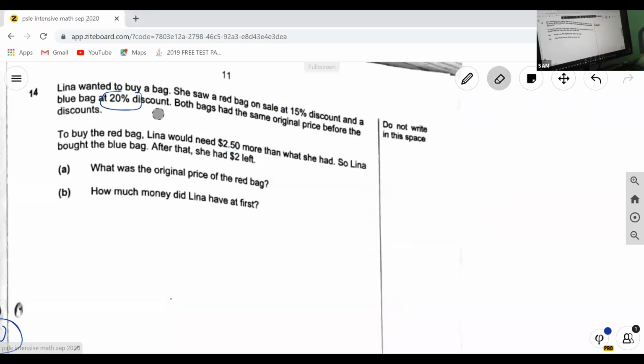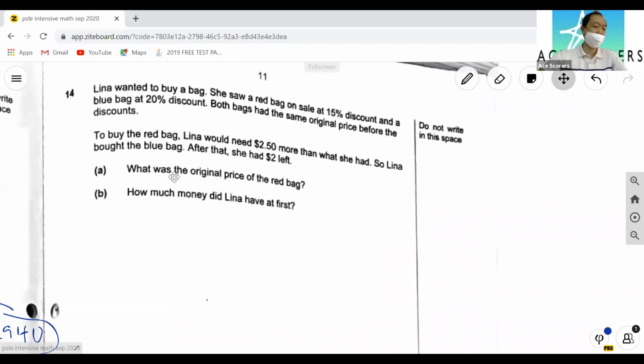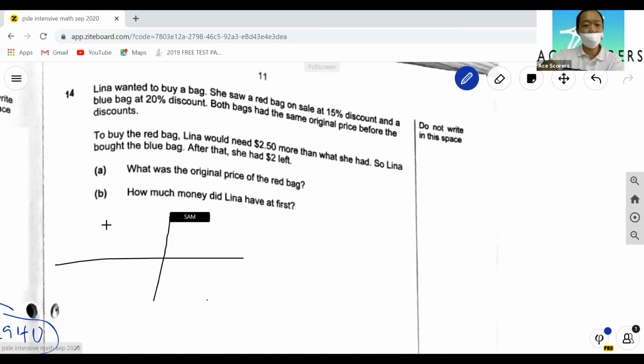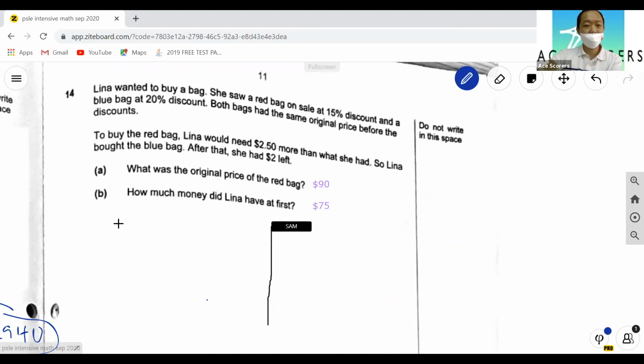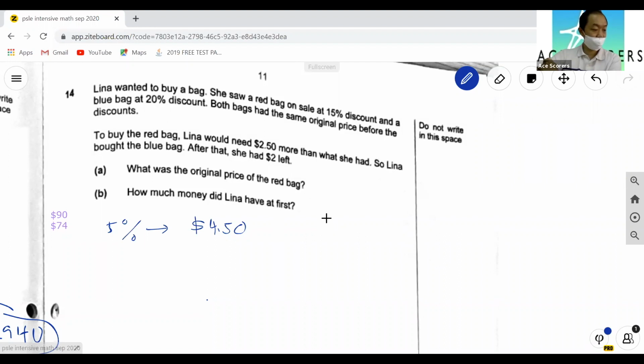Okay, so can we do this one first, 14? What was the real price of the red bag? First thing you need to realize is 5%. Did you get it?